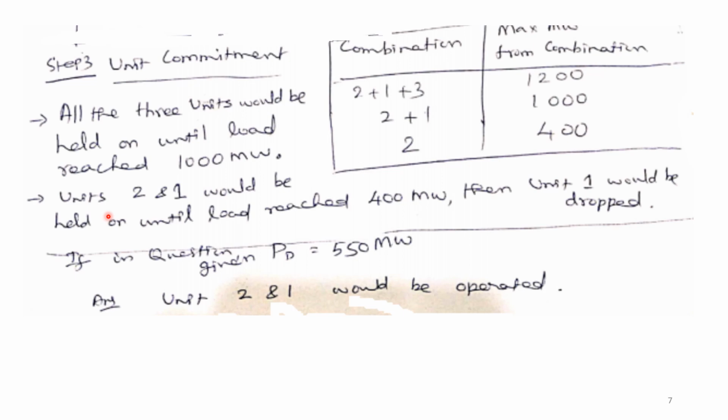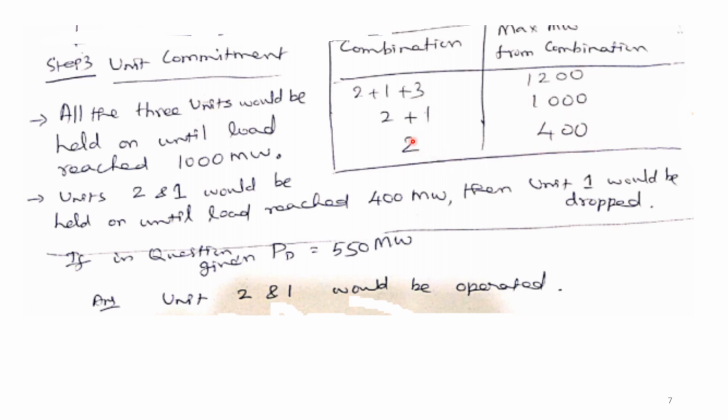Next step, you find the unit commitment, the combinations you are going to pick. Here 2 plus 1 plus 3, all three units picked, and we add all three maximum values, which is 1200 megawatt. Similarly, if you take units 2 and 1, the maximum combination is 1000 megawatt, and unit 2 alone is 400 megawatt.